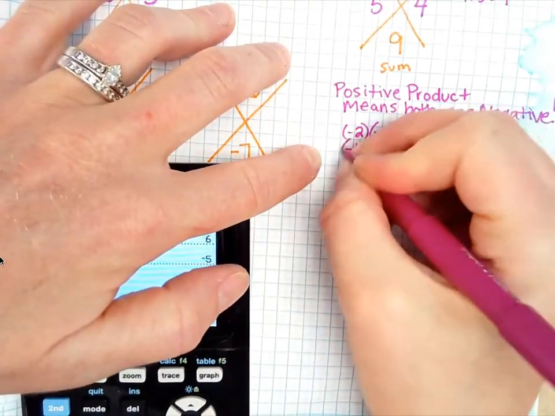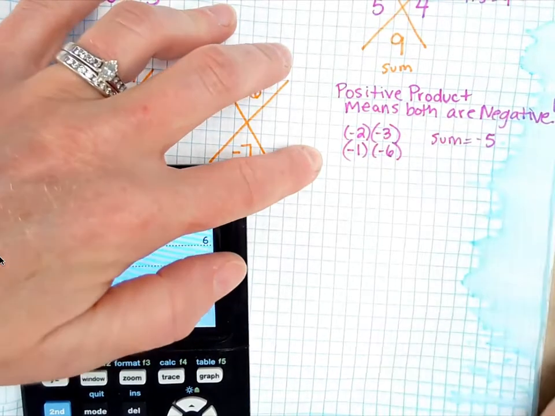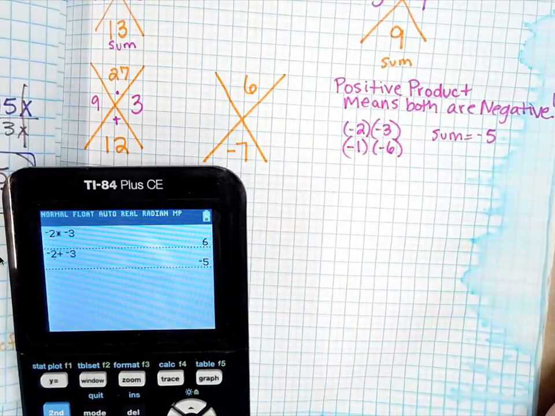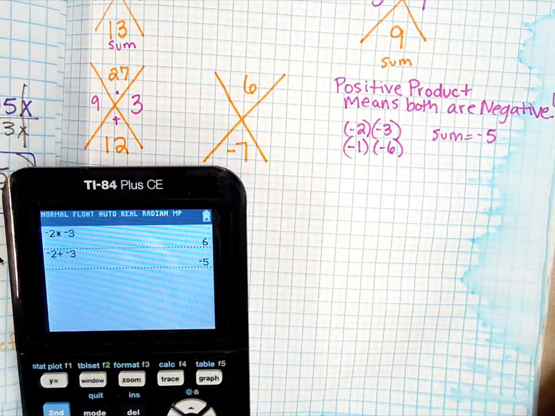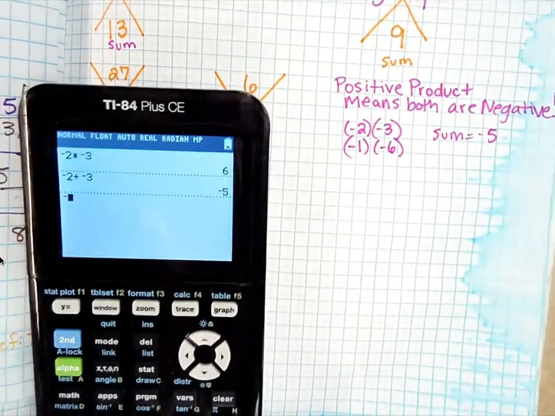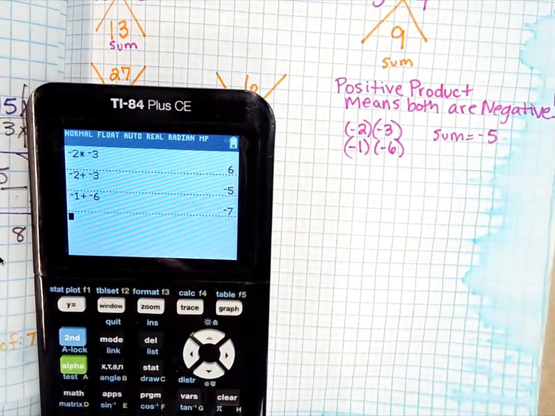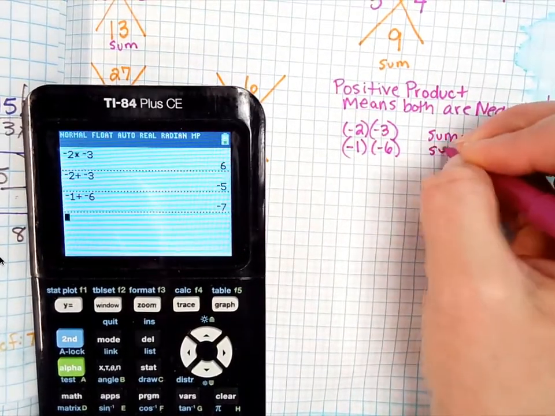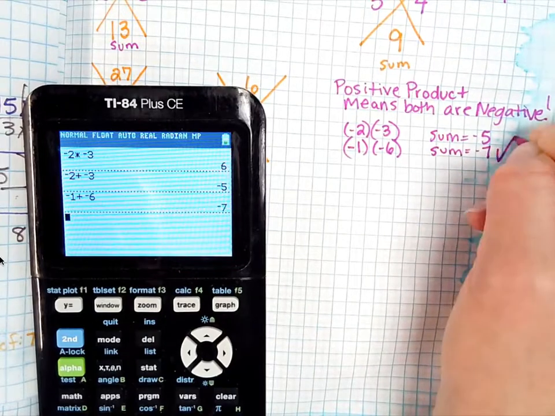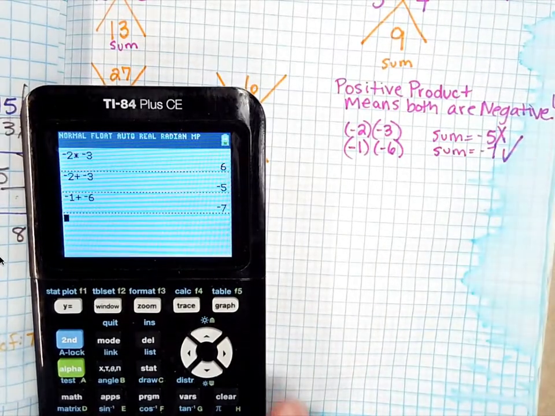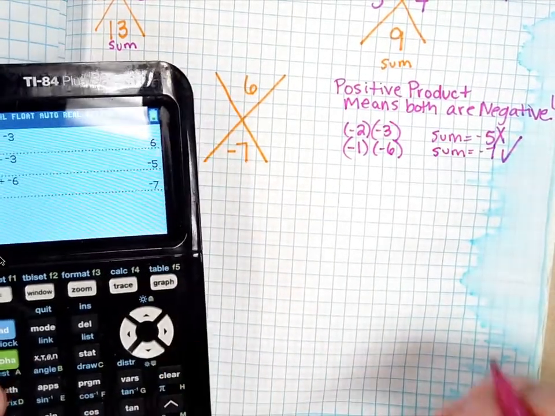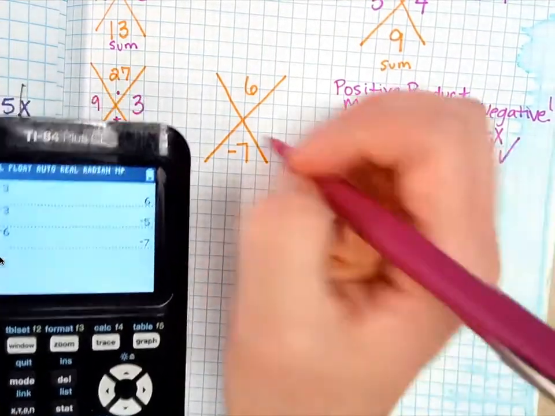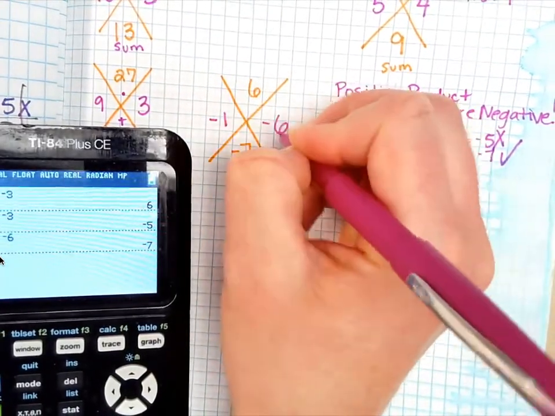So negative 1 times a negative 6 gives us a positive 6, right? But then when I add them, negative 1 plus a negative 6 gives us a sum of negative 7. That's what I want. So then this is negative 1 and negative 6.